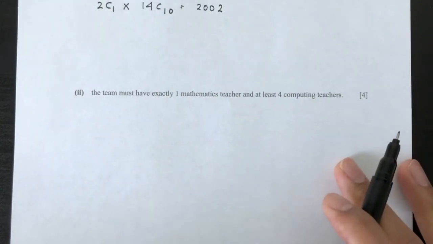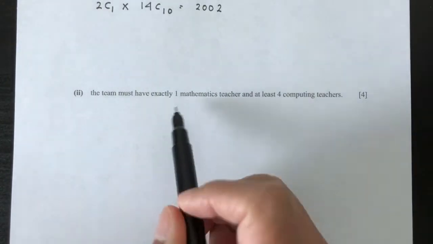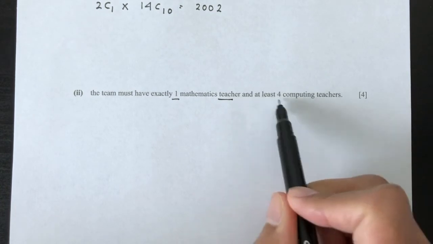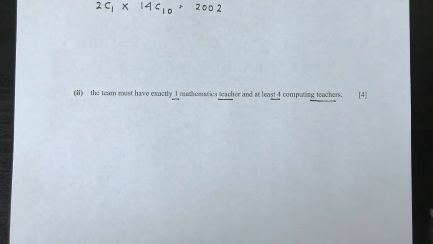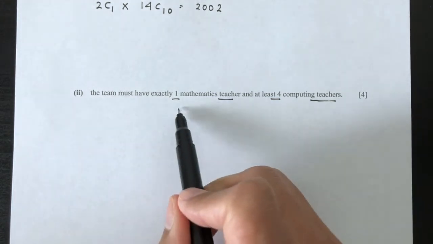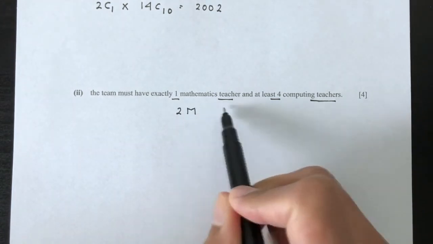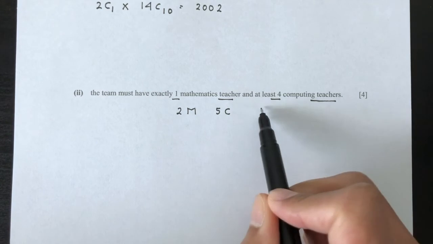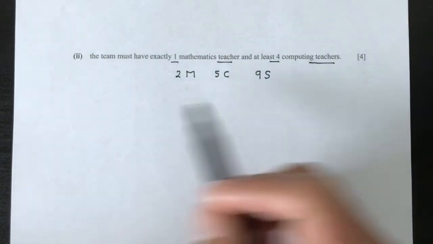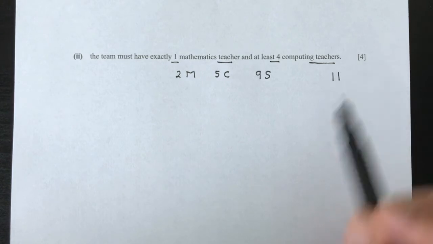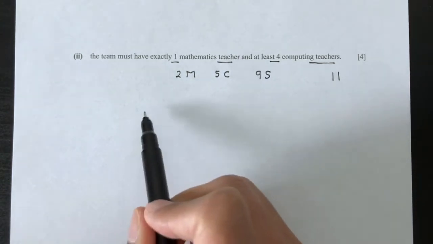Now for part 2, the team must have exactly 1 math teacher and at least 4 computing teachers. So let's see what are the possible combinations. So we have 2 math, we have 5 computing, and 9 science. Now we need to choose 11 teachers to form the group, right? Now we need exactly 1 math teacher.